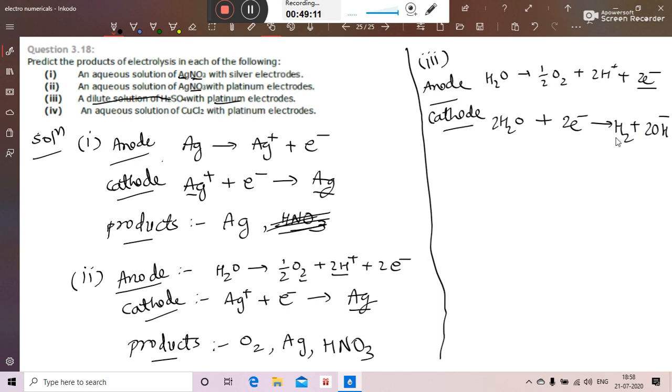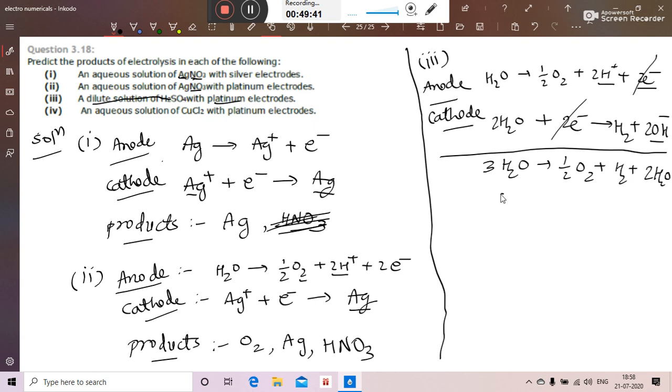So that means electrolysis of dilute H2SO4 is nothing but it is electrolysis of water itself. So overall reaction will be 2 electrons cancelled. Now 2H2O and 1H2O will be 3H2O. So 3H2O will give you half O2 plus H2, and here 2H plus and 2OH minus will together form 2H2O.